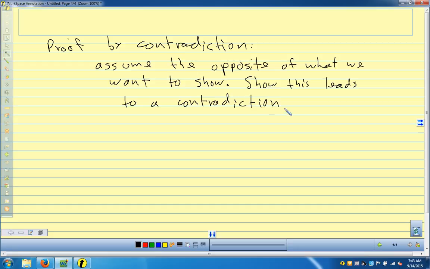So if what we assumed leads to a contradiction, then what we assumed has to be false, and the original thing has to be true. By contradiction, I just mean a false statement, or something we know is not true. So that means the assumption that we started with has to be false.